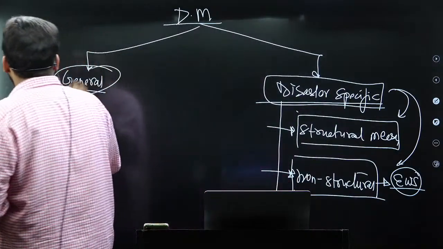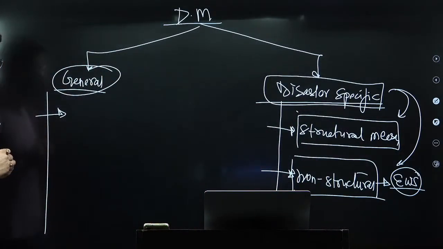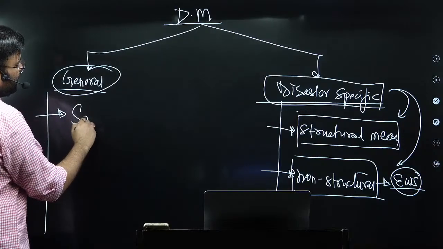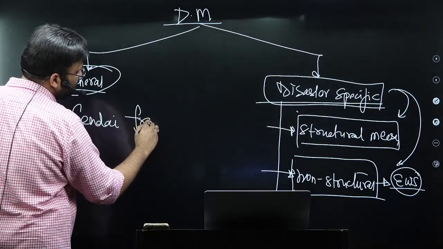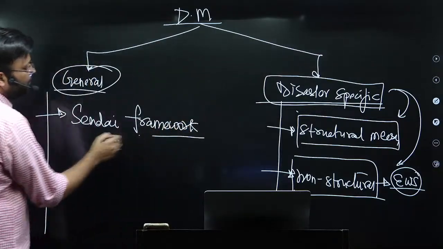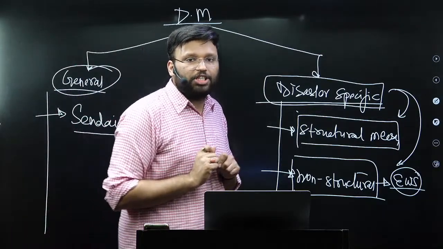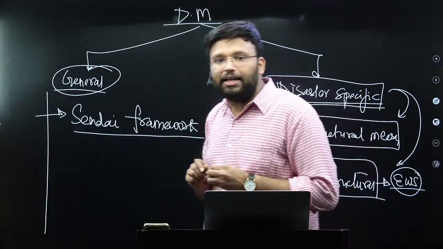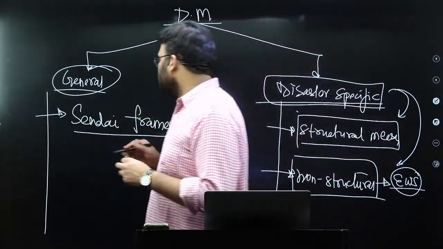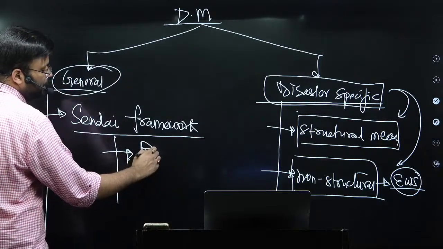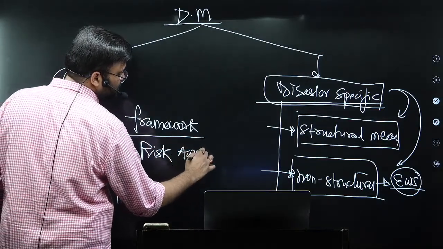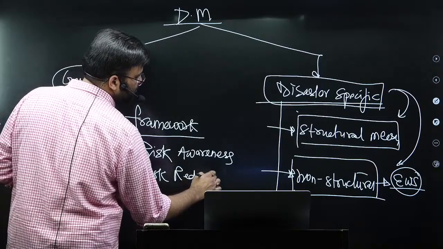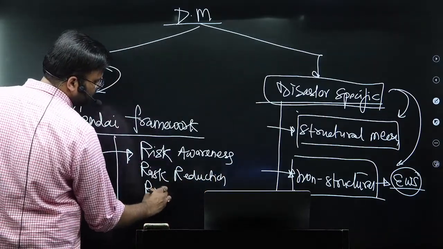Then there are certain general points also. What are those general points? That you should be aware of some value additions. I am giving you those value additions. The first one is the Sendai framework. The Sendai framework is one of the frameworks made by the United Nations to go for better disaster management, and it is actually the Sendai framework that has introduced the concept of risk awareness, risk reduction, and risk resilience.